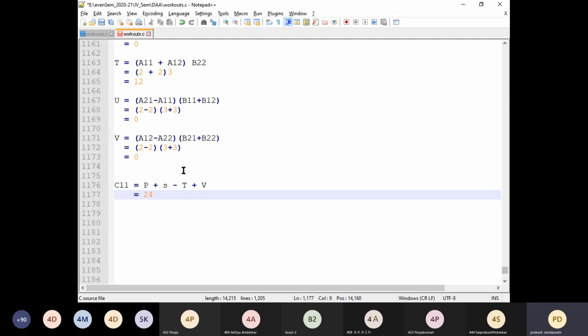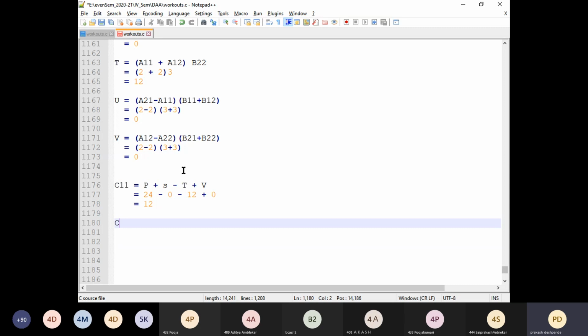Then minus S. What is the S value? 0. Then minus T. What is the value of T? 12. Plus V. V is 0. So we get the answer as 12 here.